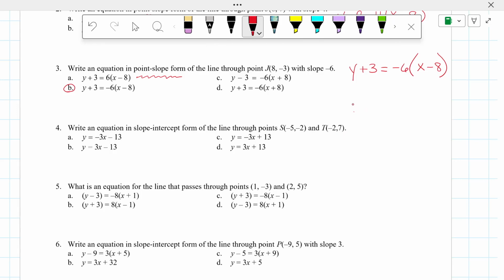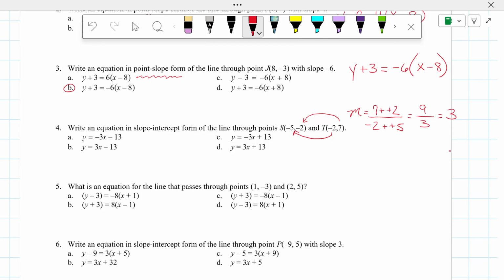So our slope for number 4, our m, is equal to 7 minus negative 2 over our x sub 2 minus our x sub 1, so negative 2 minus negative 5. 7 minus negative 2 is 9. Negative 2 minus negative 5 is 3. 9 over 3 equals 3.